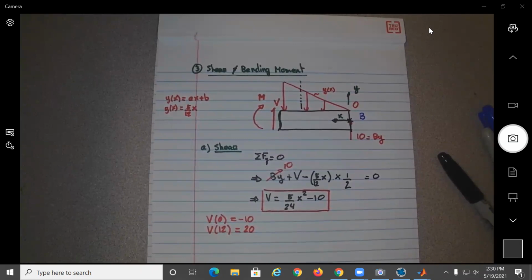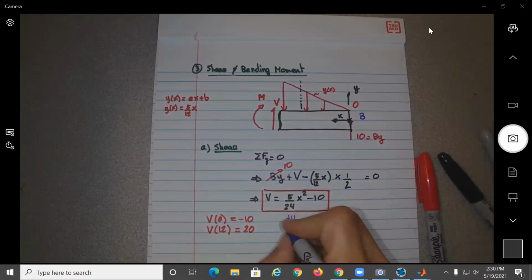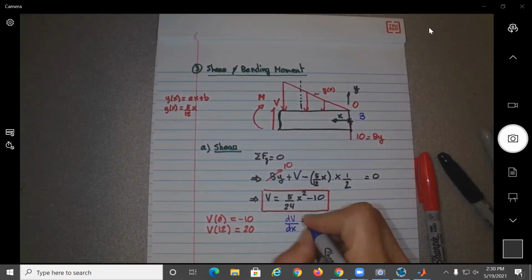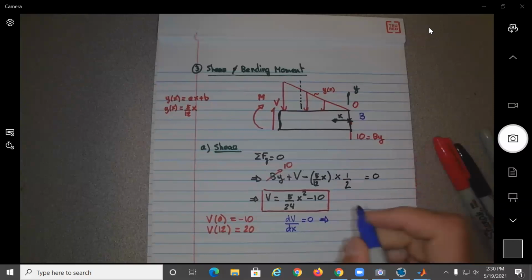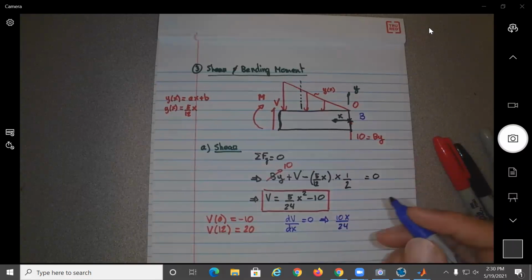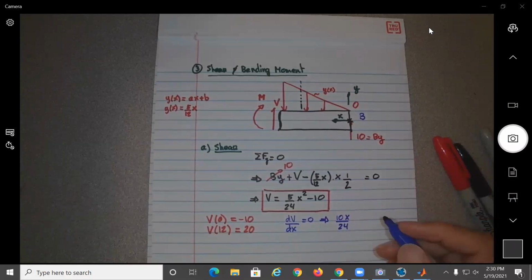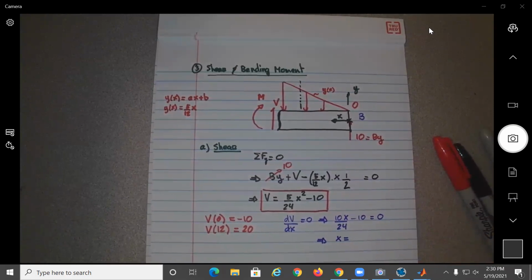And now, what do we need to know? Where is this going to change direction, no? So in order to do that, we do dV/dx equal to 0, which is going to give us 10x over 5 over 12 minus 10 equal to 0. What did I do here?